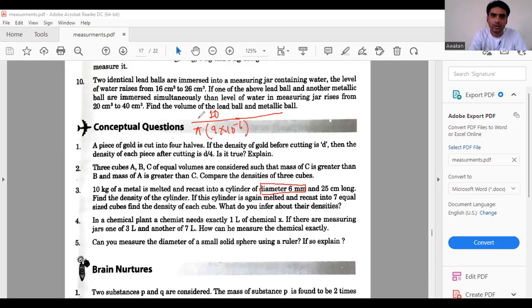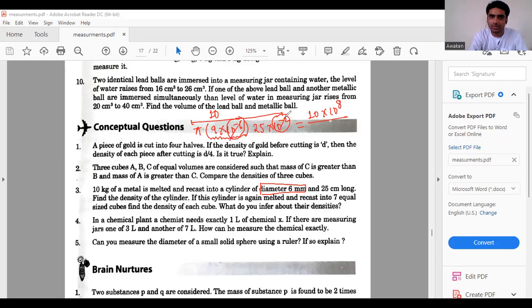So pi r square. How I have done r square is clear? Okay. So pi r square multiplied by h, that is 25 centimeter. So I'll write 25 into 10 to the power minus 2 meter. This 10 to the power minus 6 and 10 to the power minus 2 becomes 10 to the power minus 8. They will go above and become 10 to the power 8.